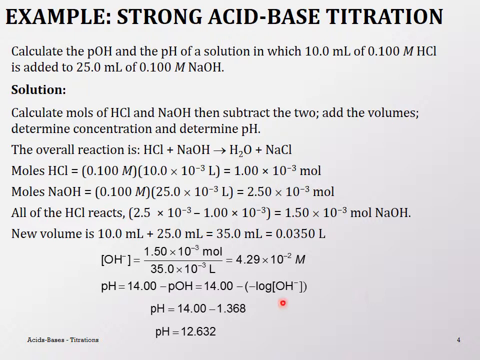So you can calculate first the pOH using 4.29 times 10 to the negative 2, which turns out to be 1.368. Okay, that is the pOH, and then you calculate the pH of the solution, which is 14 minus the 1.368, and that gives you the pH of the solution, very high, and that's pretty normal. And you can see it's just a little bit of excess of sodium hydroxide, but the pH is so high for this.